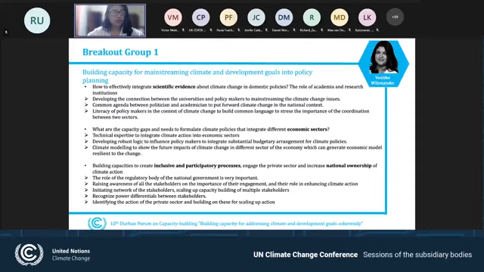The first one was on how to effectively integrate scientific evidence. Some of the answers we had focused on developing a connection between the universities and policymakers to mainstream climate change issues. Then development of a common agenda between politicians, lawmakers, and academicians to put forward climate change in the national context as a priority.